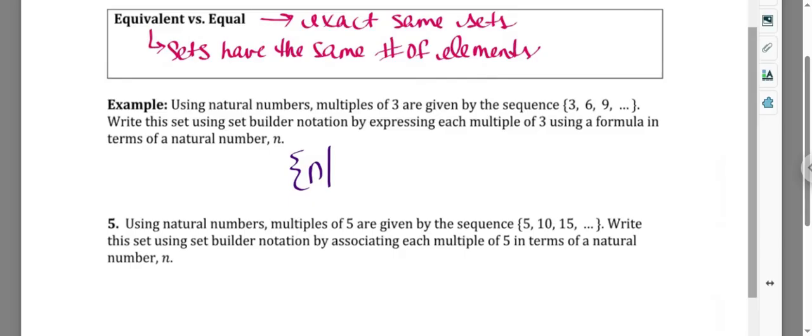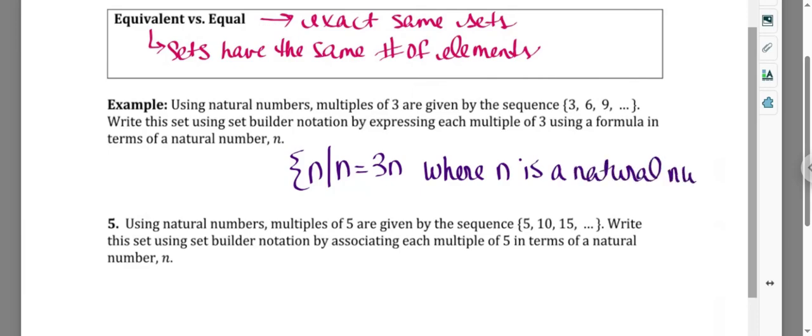The formula for multiples of 3 would be, we're going to multiply n by 3. We're also identifying the fact that n represents a natural number.